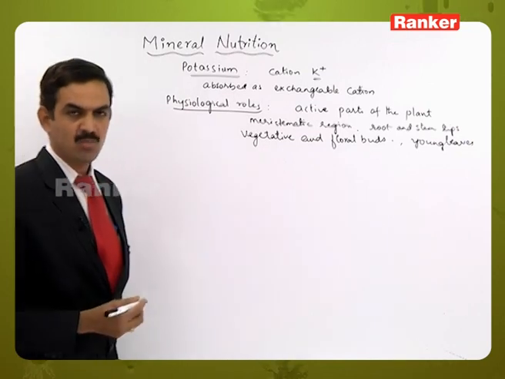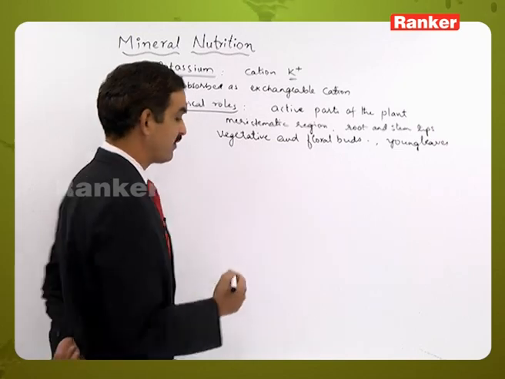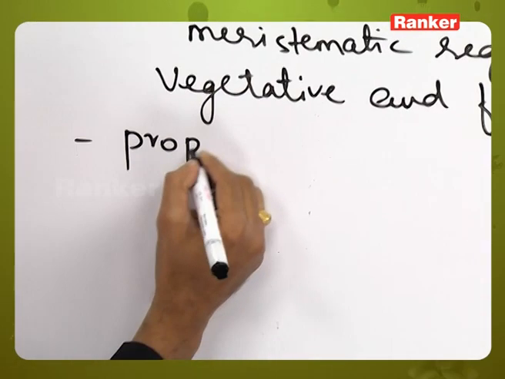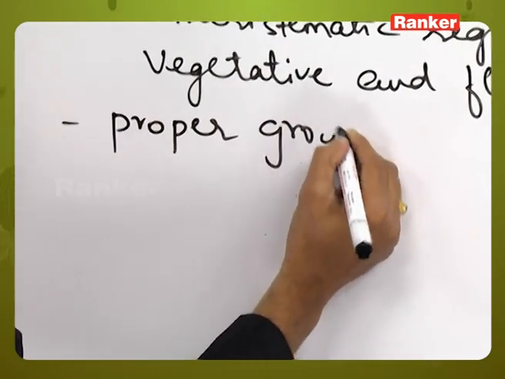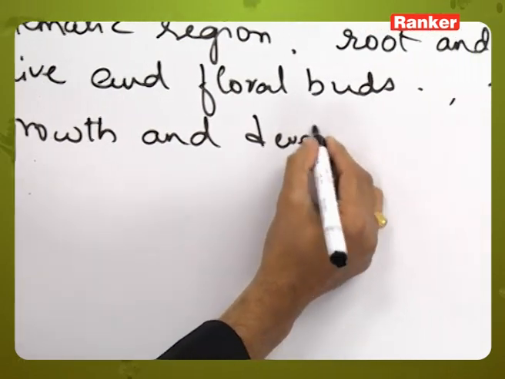Likewise, it is present in almost all the young parts of the plant body where the growing regions are present. That's the reason why it is most useful in the proper growth and development of the plant parts.